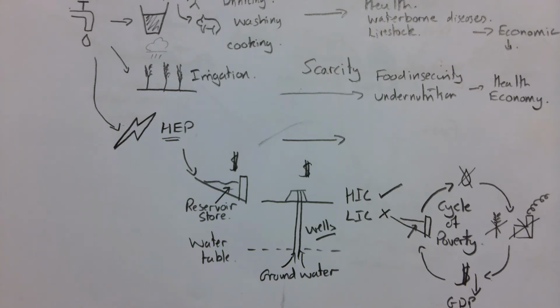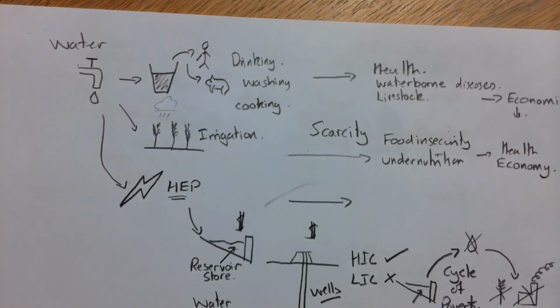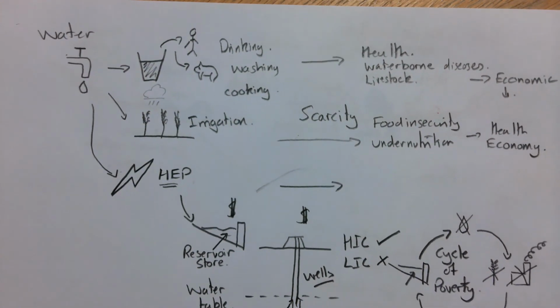Okay, get ready. Here is a written question coming up for you. Right then, here it is. Explain why water is an important resource for a country's development. Notice this is worth 6 marks, and you're going to want to talk through the issues that we've just mentioned.